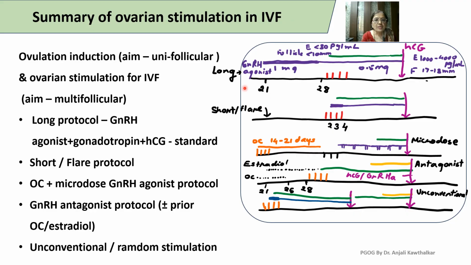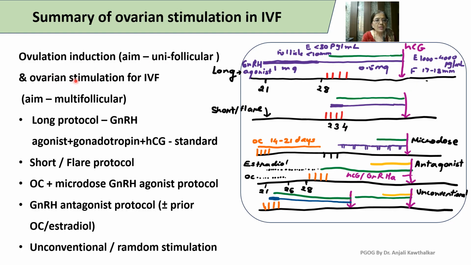Now, this is a short summary of ovarian stimulation. Ovarian stimulation or hyperstimulation forms the most important component of IVF, on which the success of IVF depends. Now, these are two separate terminologies. Whenever we say induction of ovulation, our aim is development of a single follicle, which is the treatment for anovulatory infertility.